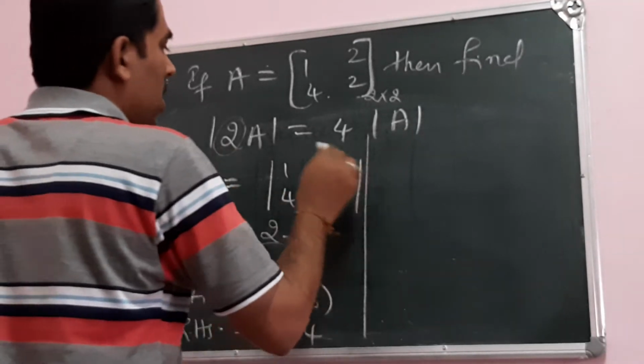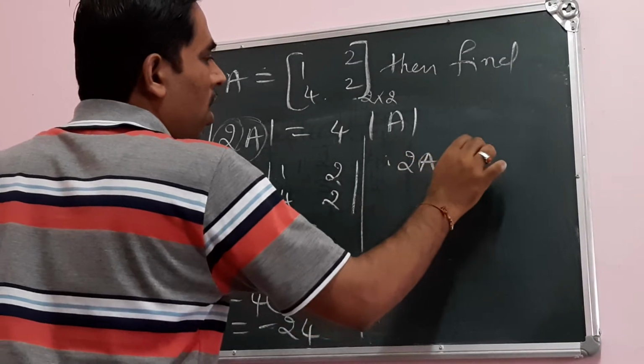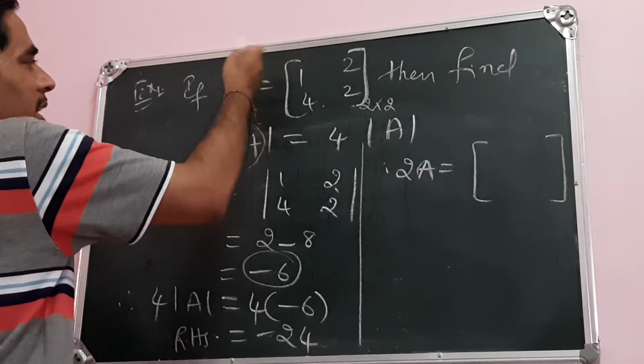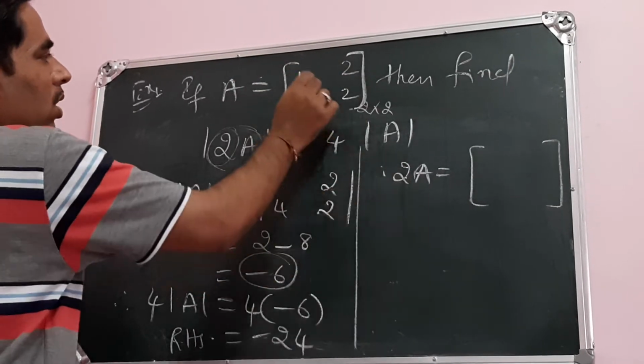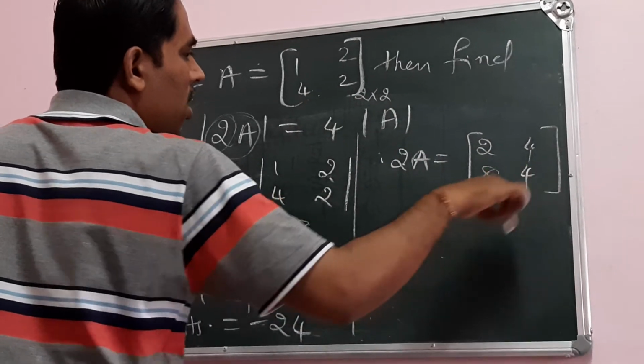Now let us consider 2A; we have to calculate 2A. I will directly multiply the matrix by the scalar 2. 2 ones are 2, 2 twos are 4, 2 fours are 8, 2 twos are 4. This is 2A.